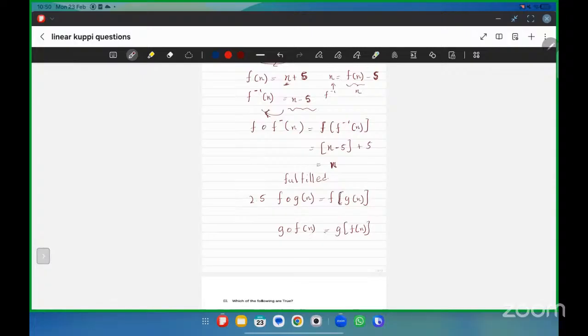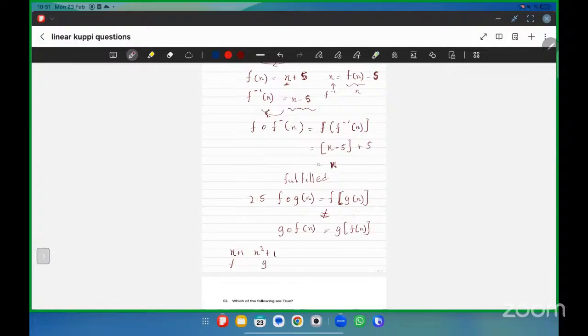We can say that it is not equal. When we look at this example, x plus 1 is f, and x squared plus 1 is g.